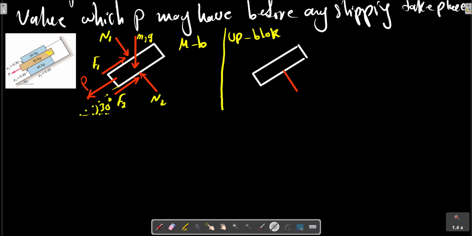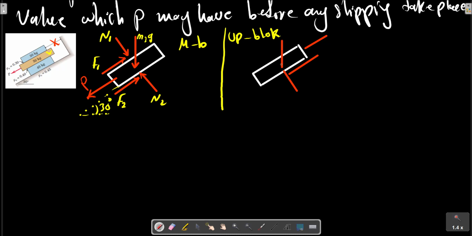The friction force F1 is considered in the direction opposite to the force applied on the upper block, and there is a force due to gravity, and also a force T caused by the presence of the cable here.